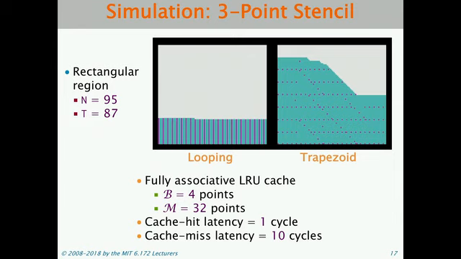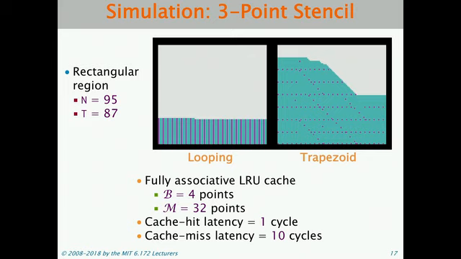So we're actually going to do a simulation now. We're going to compare how the looping code and the trapezoid code runs. And in this simulation, the green points correspond to a cache hit. The purple points correspond to a cache miss.